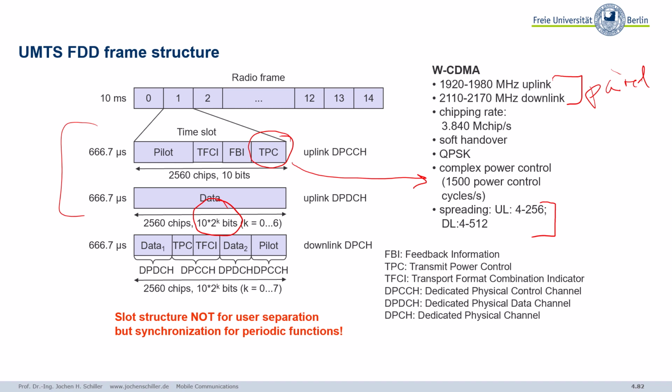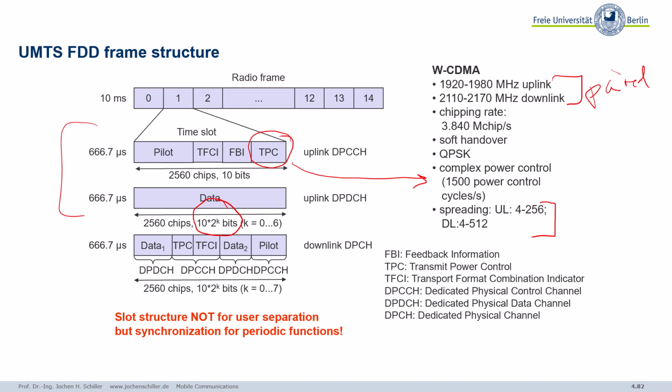It's a certain amount of power at the sender, and then you have the attenuation during signal transmission. As a receiver, you can check the strength of the signal, and this helps you to estimate the attenuation between sender and receiver. So this can be used as a first guess, especially in TDD systems, but also in FDD systems, for an initial guess of the attenuation also in the other direction.